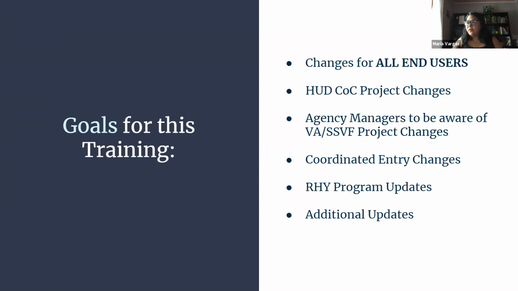If we go to the next slide, this is what we're going to be going over. These are just the section headers of what is going to be covered. We're going to go over all changes for end users, changes for HUD CoC projects, as well as changes for, I'm sorry, that third one is supposed to be 2 bullets: agency managers, what they need to be aware of, but also VA SSVF project changes, as well as coordinated entry changes, RIHMIS program updates, and additional updates that HUD has yet to release.